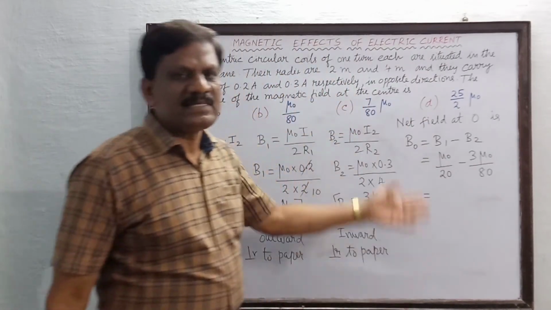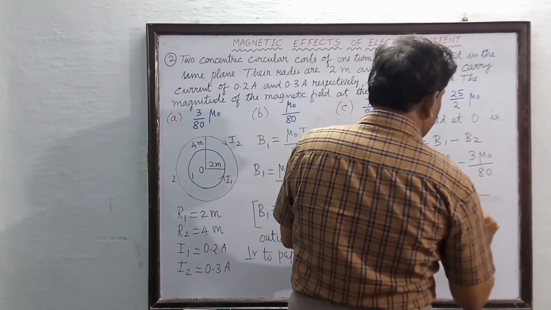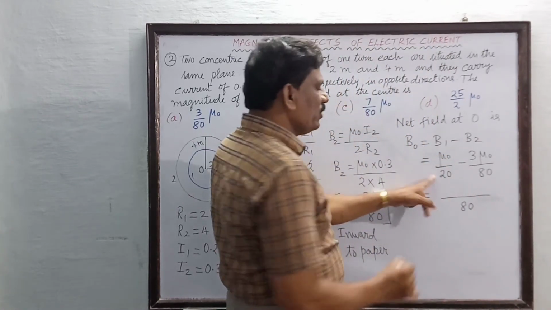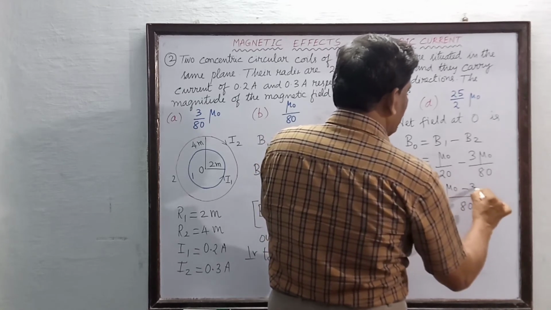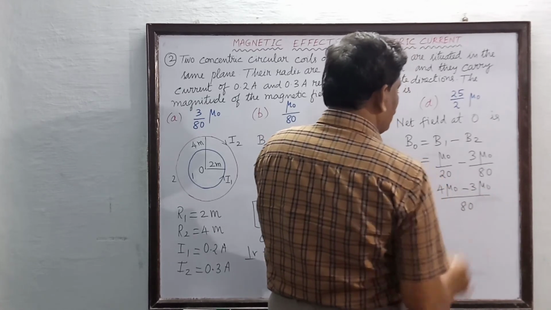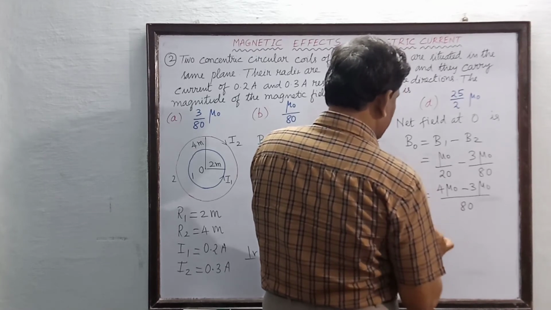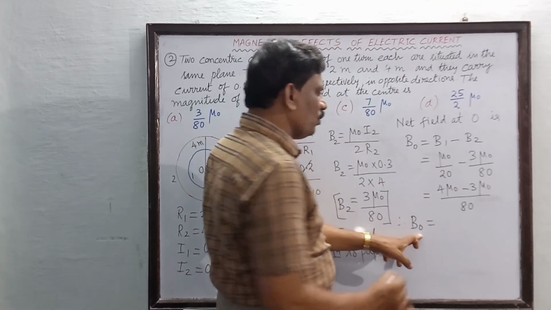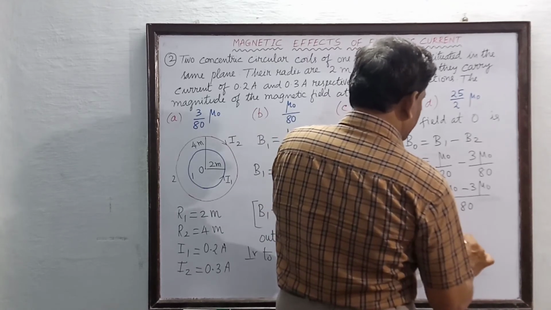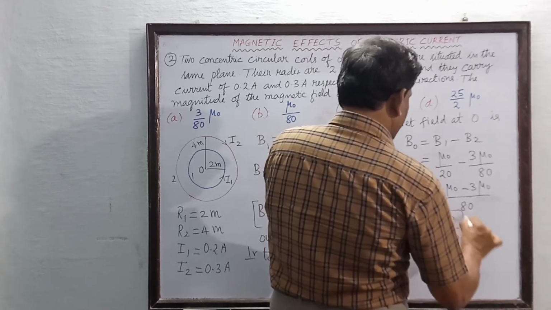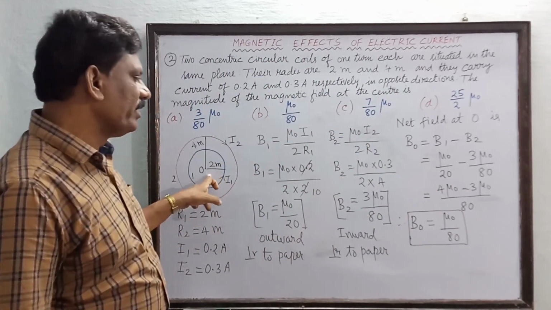The LCM is 80, so this is 4 mu naught minus 3 mu naught divided by 80. Therefore the resultant B at the center O is equal to mu naught divided by 80. This is the final value of the resultant magnetic field at the center of the coils.